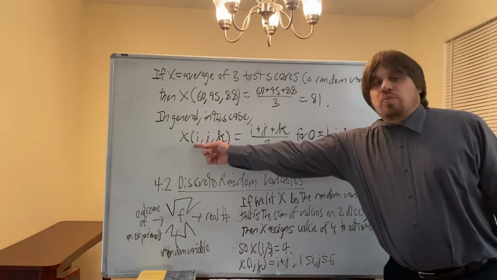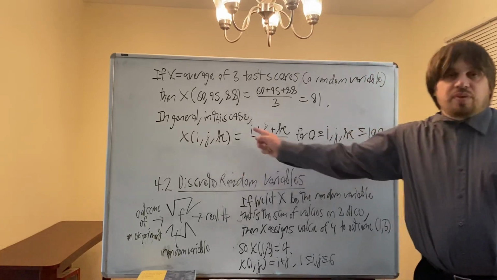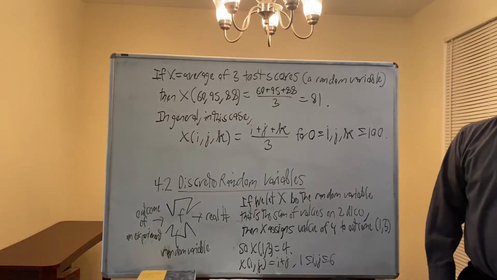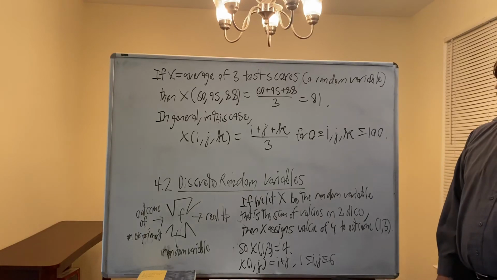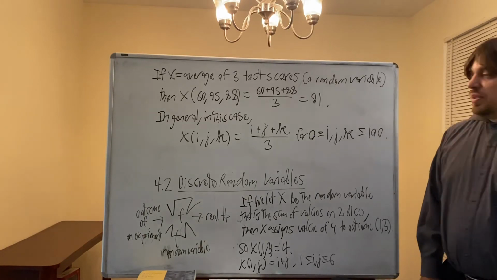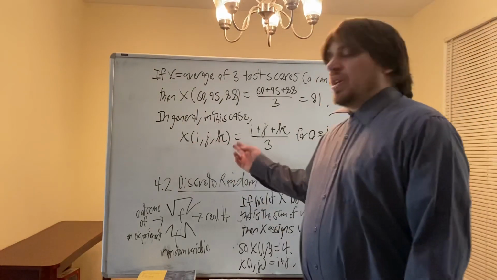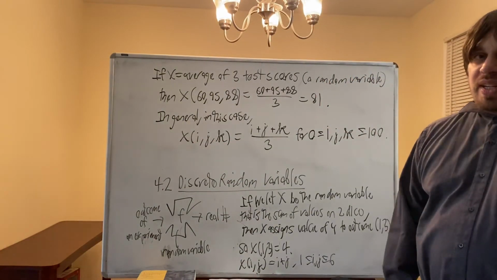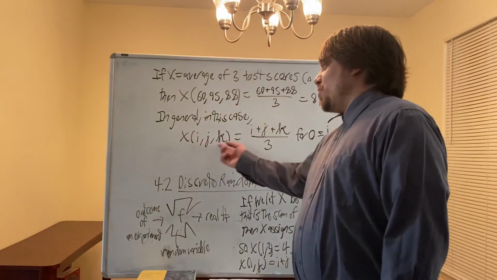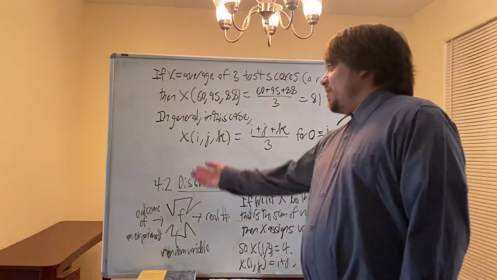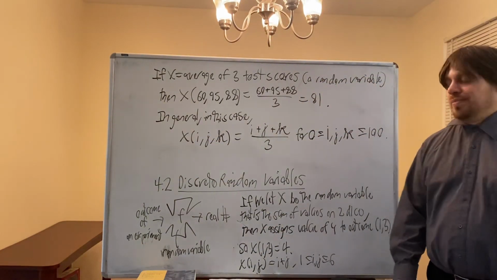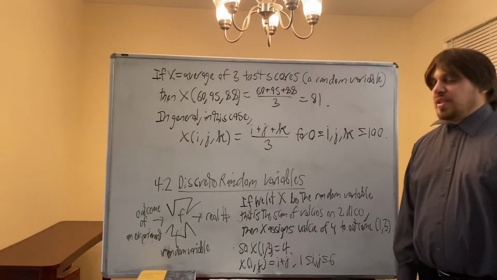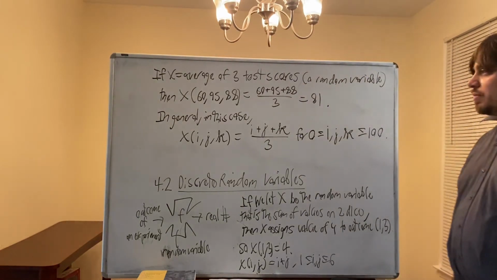So test 1 could be from 0 to 100, test 2 could be from 0 to 100, test 3 could be from 0 to 100. And so assuming that you're only getting integer values from 0 to 100, not any real number, so assuming that there's only finitely many choices of grade for each one, then let's say there's 101 possibilities for each one, then the sample space would contain 101 cubed many possibilities. Okay? And so that's a finite number, and so that means the sample space is discrete.